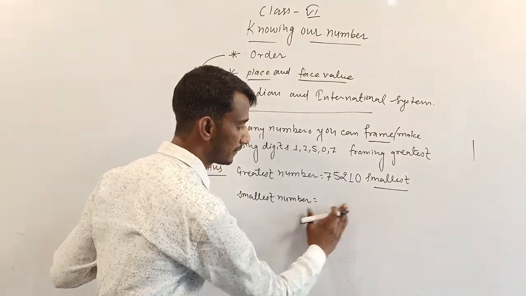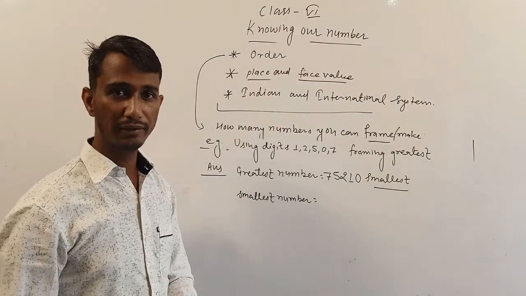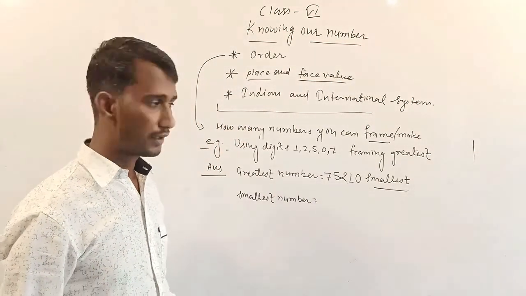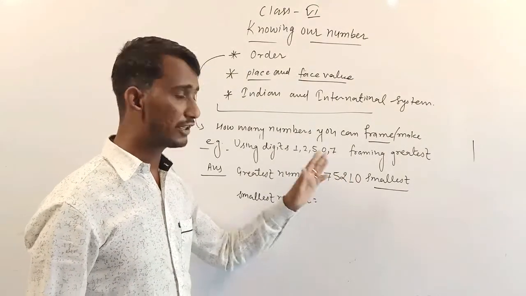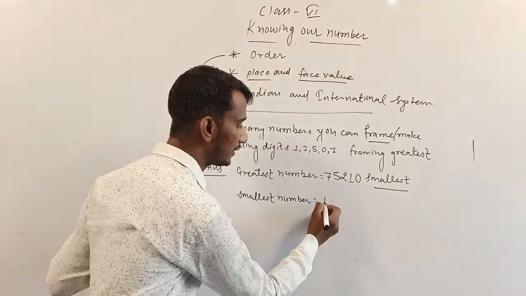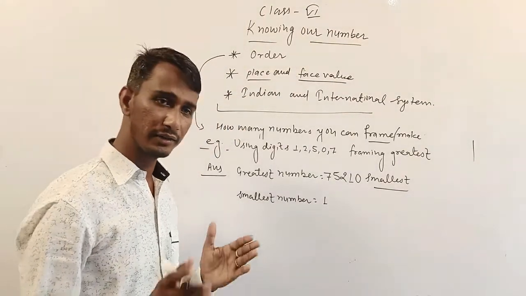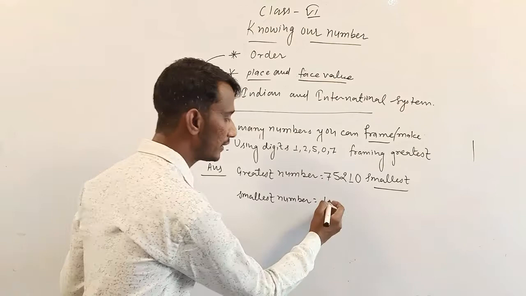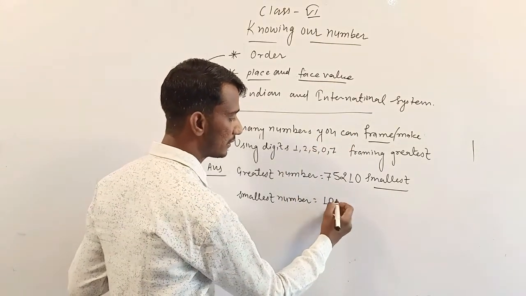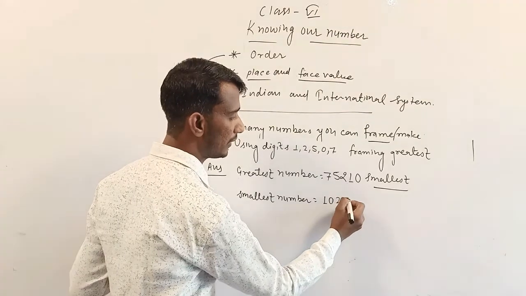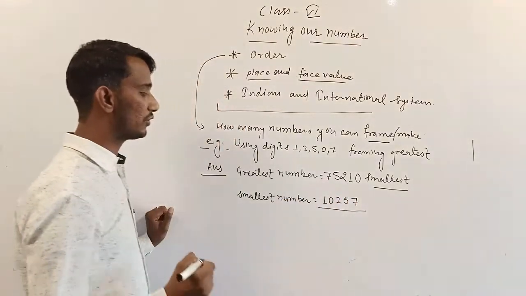First you write the smaller number, except 0. Means you leave the 0 aside, and after that which small number comes? We can write 1, and then you can use 0, and the same process you can write. Next greater number is 2, after that 5, and after that 7, that is your smaller number.